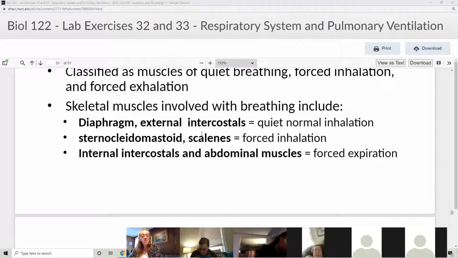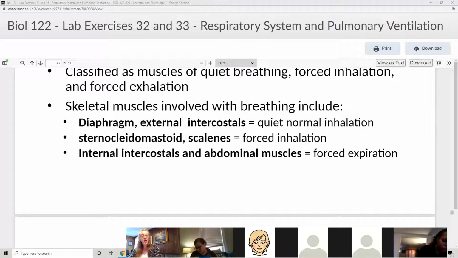And in breathing out, forced expiration is going to involve your internal intercostals and your abdominal muscles to shrink your rib cage beyond what it would normally be.